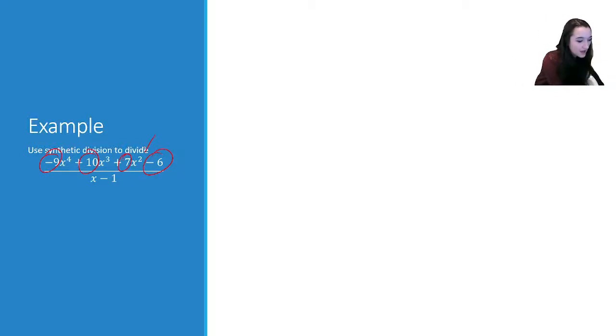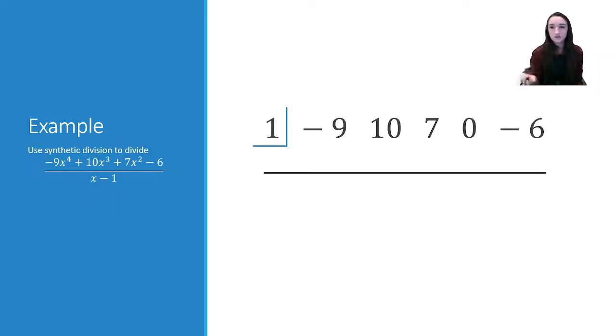We don't have an x to the first power term, so there's a secret 0x to the first in there, so that 0 has to be included. Then the k value that's going up in the corner is going to be from x minus k. So in this case, k is just the 1, not negative 1. So this is how we would set it up.